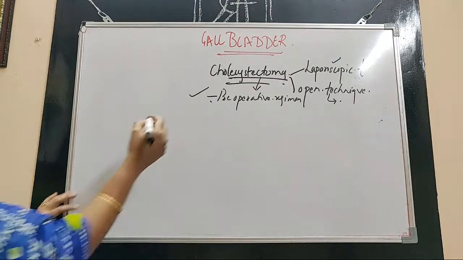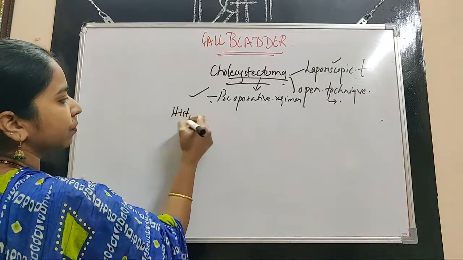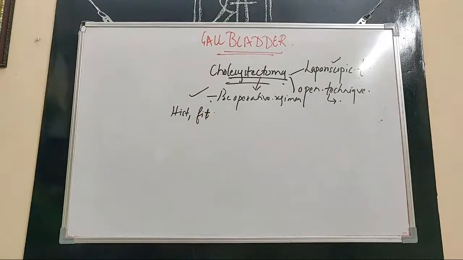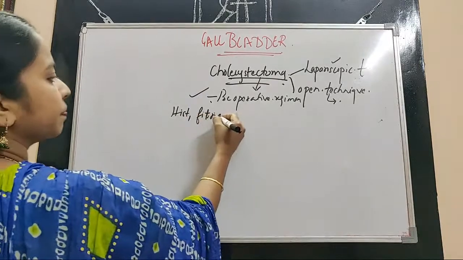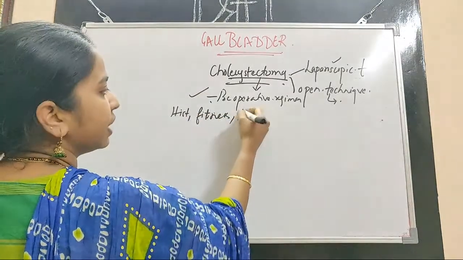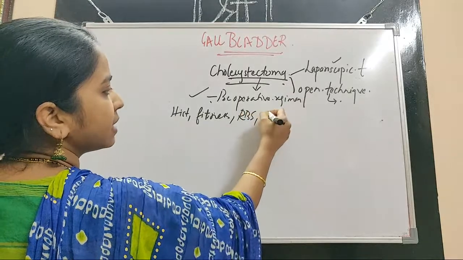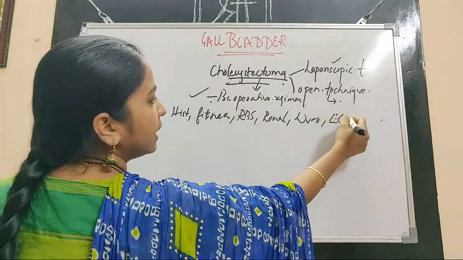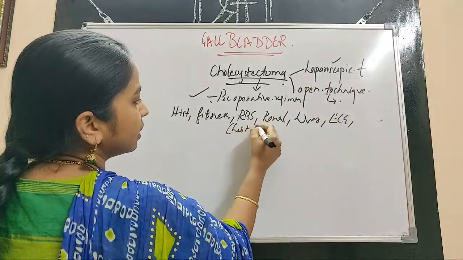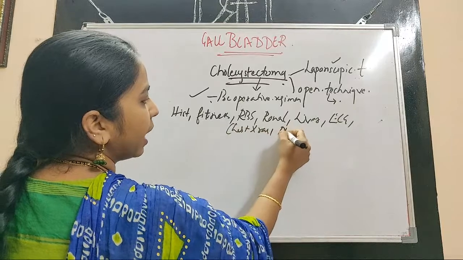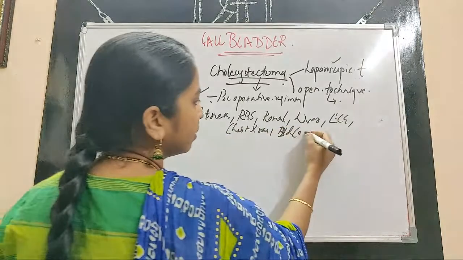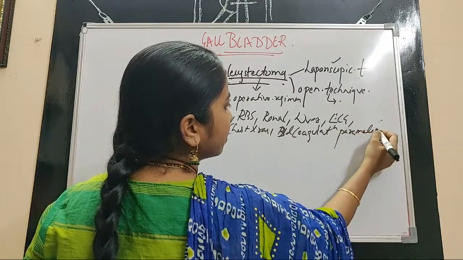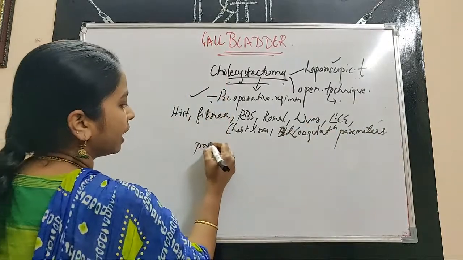Starting from history taking, to whether the patient is fit for surgery, a fitness assessment, and then all the general parameters: RBS, renal function, liver function, ECG, chest X-ray, then the blood coagulation parameters, and a prophylactic antibiotic.